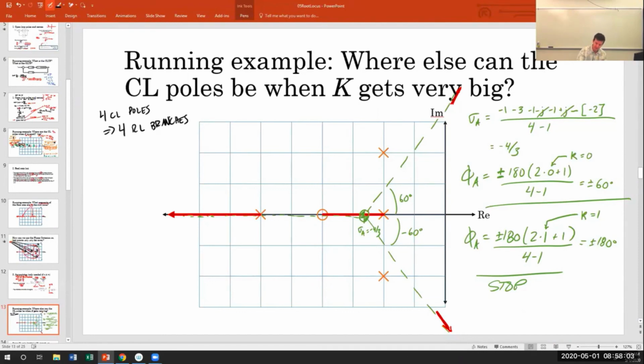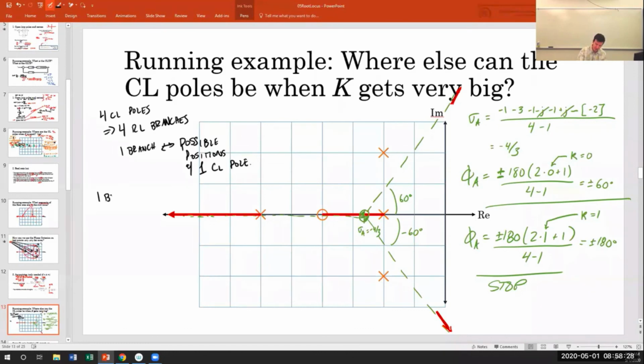Each branch corresponds to the possible positions of a closed loop pole. So one branch tells us the possible positions of one closed loop pole. Okay, so 4 poles, 4 branches.